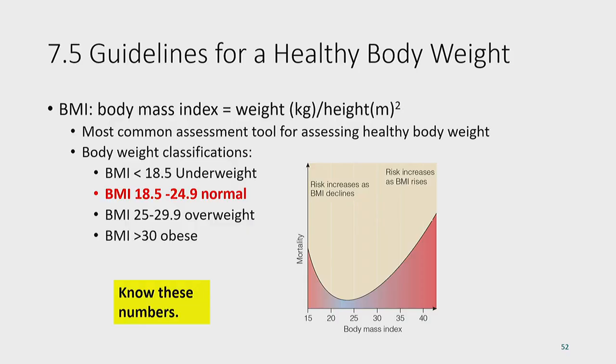And then in the scientific literature, the terms overweight and obese refer to specific ranges of BMI, as you can see here. It is important that you know these numbers. And then there's also the BMI ranges that define underweight, normal, overweight, and obese.